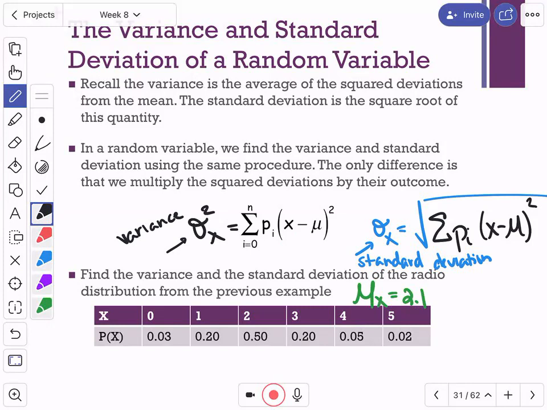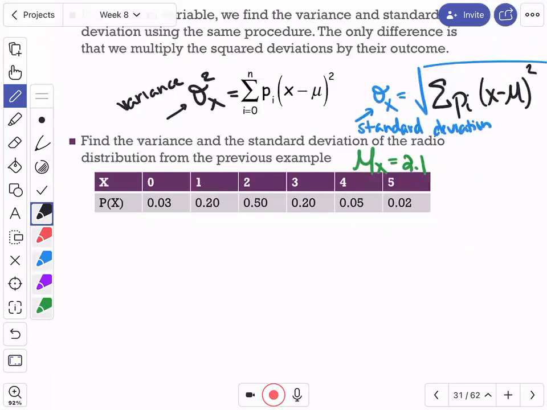Now, we already found our mean for this particular problem. So here's how this sets up. To find sigma X, it's equal to the square root of: take every X and subtract it from the mean.